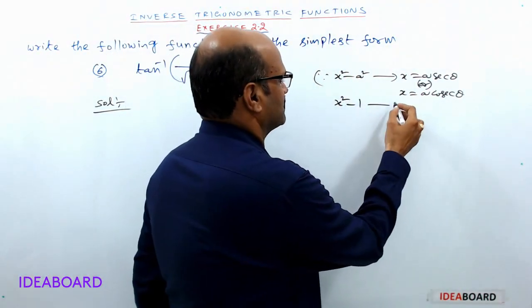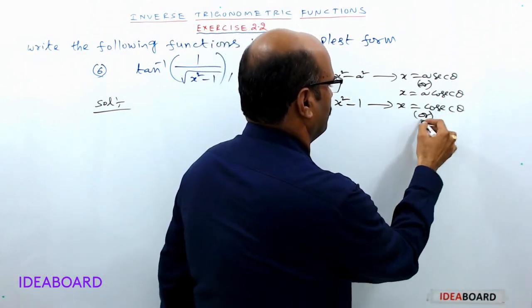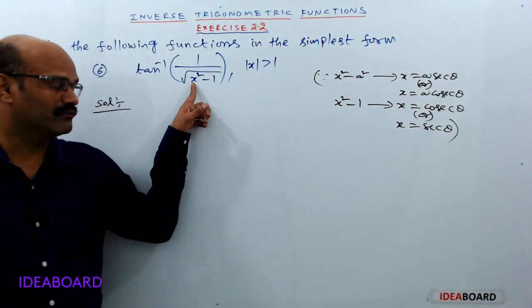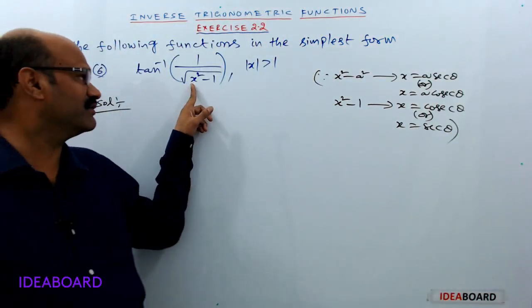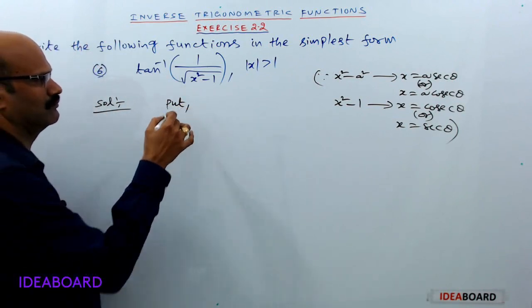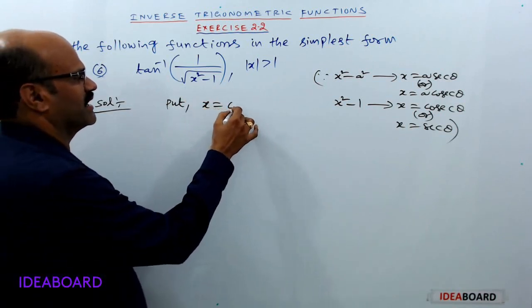So x square minus 1, x equal to cosecant theta or x equal to secant theta. Now here we have to take x equal to cosecant theta.